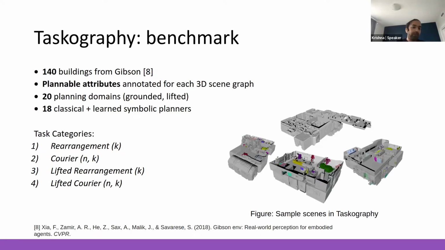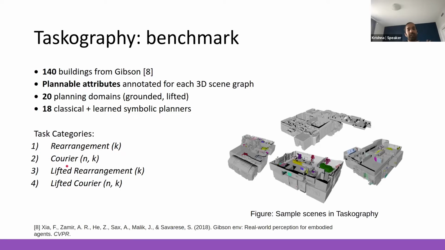And we also created a slightly harder version of rearrangement, which we call courier. In rearrangement, the robot has to rearrange k objects into their target locations, but it can only carry one object at a time. So a robot will go to one object and then carry it and rearrange it in another location, and then go to the second object and so on.